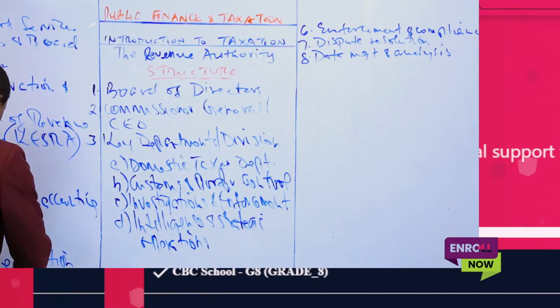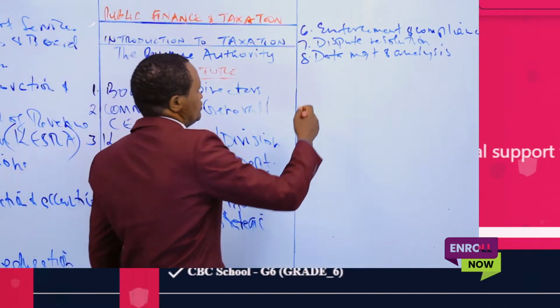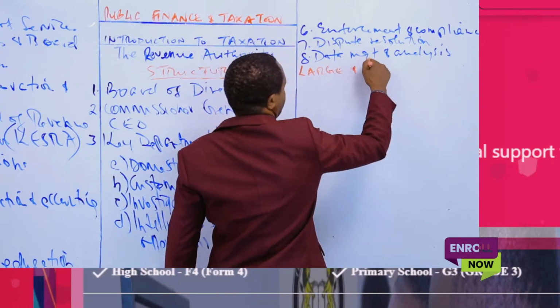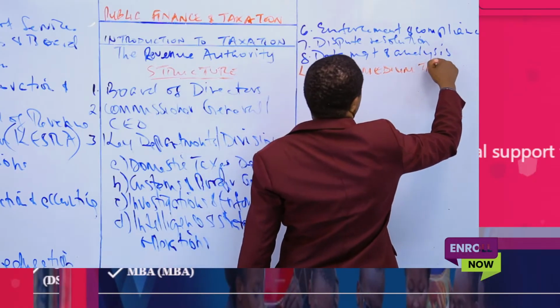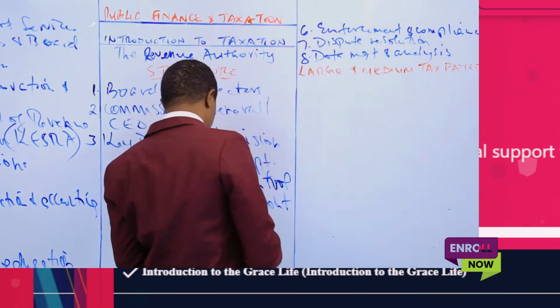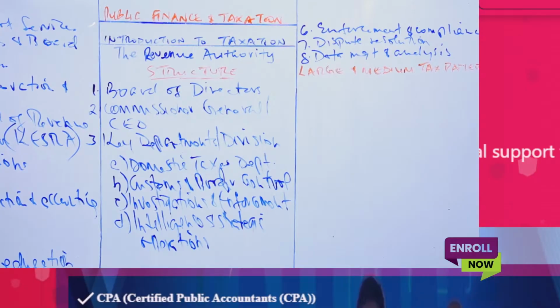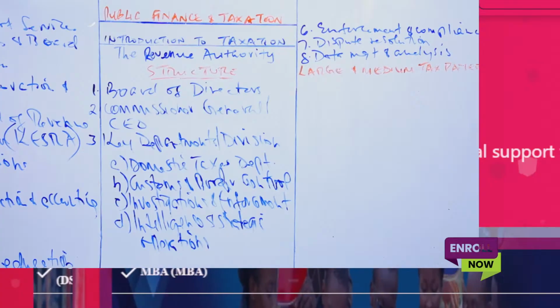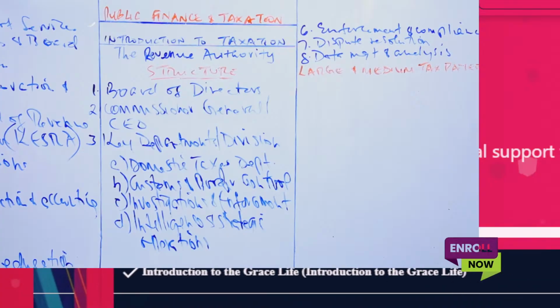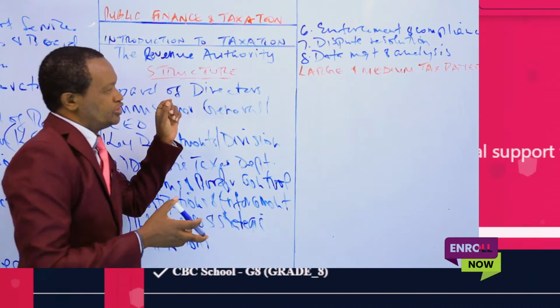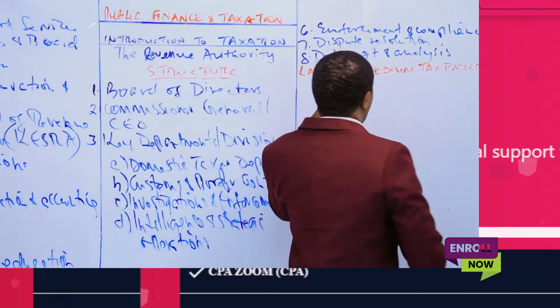Large and medium taxpayers. I've just mentioned that the Kenya Revenue Authority, just like many modern revenue authorities, segments its taxpayer base to optimize administrative efficiency and effectiveness, which has led to the establishment of dedicated offices we are calling large and medium taxpayers offices.